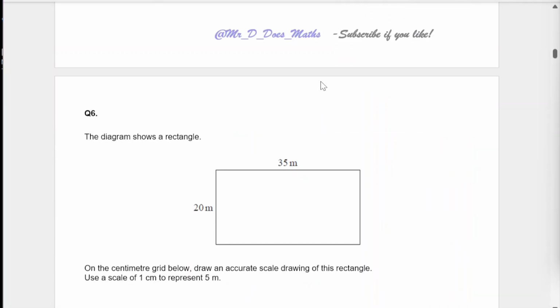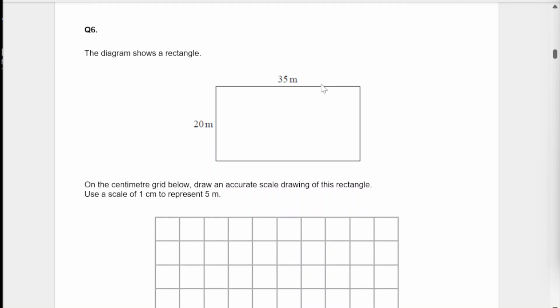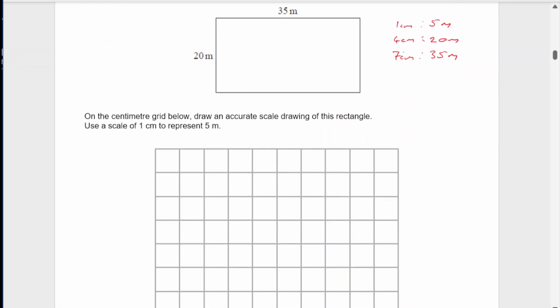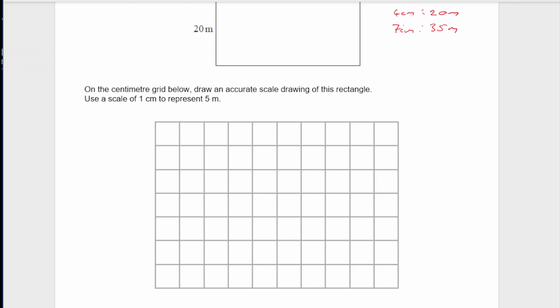Okay, question 6. This diagram shows a rectangle. On the centimetre grid below, draw an accurate scale drawing of this rectangle using a scale of 1 centimetre to 5 metres. So if we're using the scale of 1 centimetre to 5 metres, it means that 20 metres would be equal to 4 centimetres, and it would mean that 35 metres would be equal to 35 divided by 5, 7 centimetres. So we want to draw a 4 by 7 centimetre rectangle, so let me just put that in.